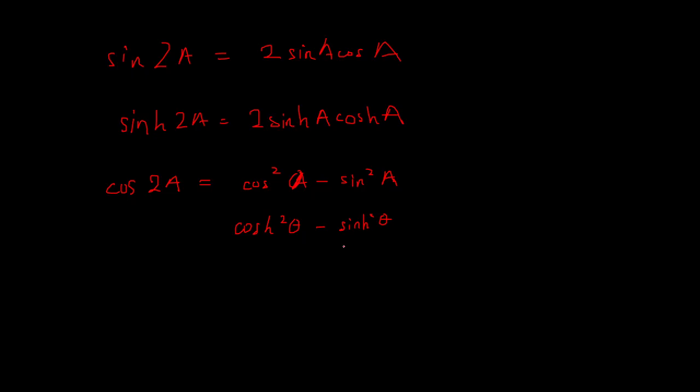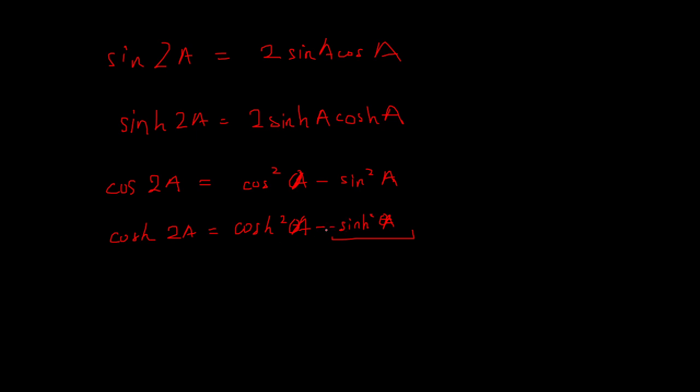Using the identity we had earlier, since you're multiplying sin twice, you're going to actually have a negative over here.